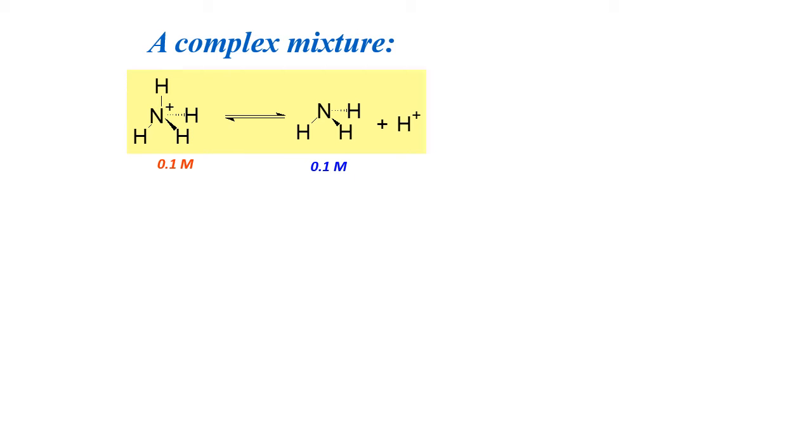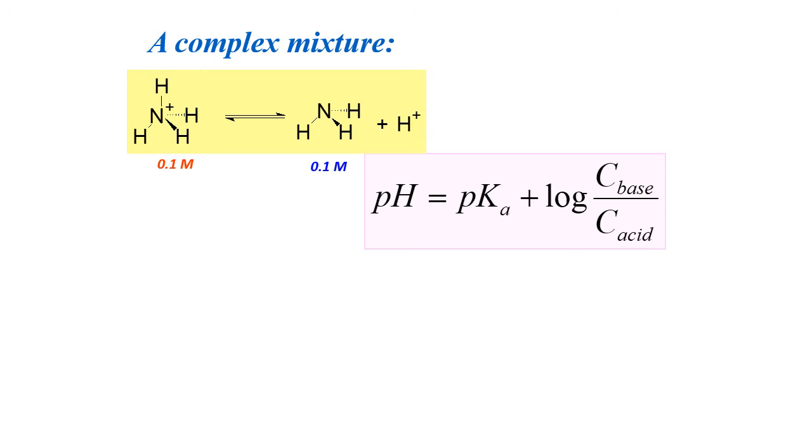So let's look at an example. I have 0.1 molar ammonium salt and 0.1 molar solution of ammonia. So what's the pH of this? I have my equation. pH is pKa plus log C base by C acid.